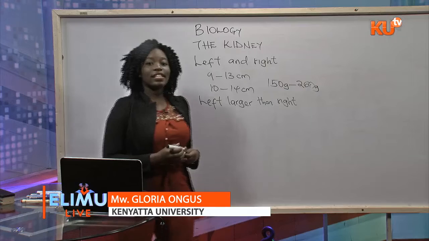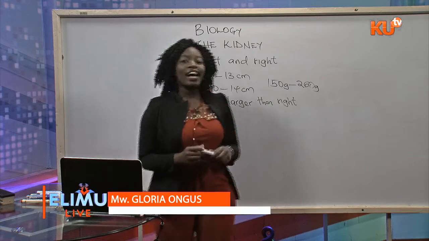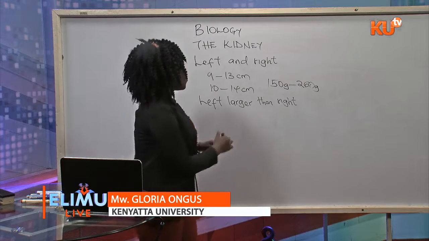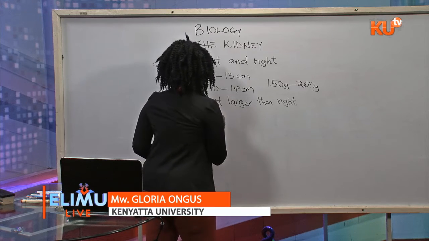The left kidney is slightly larger than the right kidney, and the right kidney is slightly lower than the left kidney.